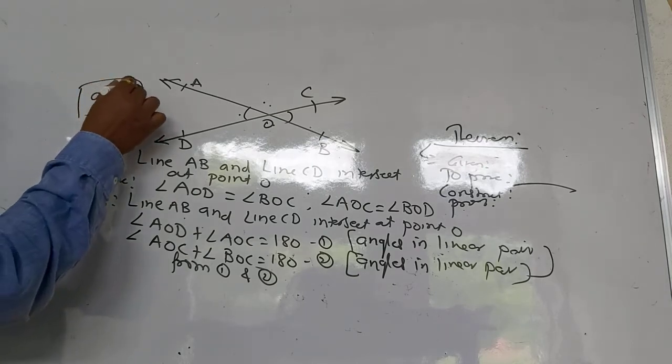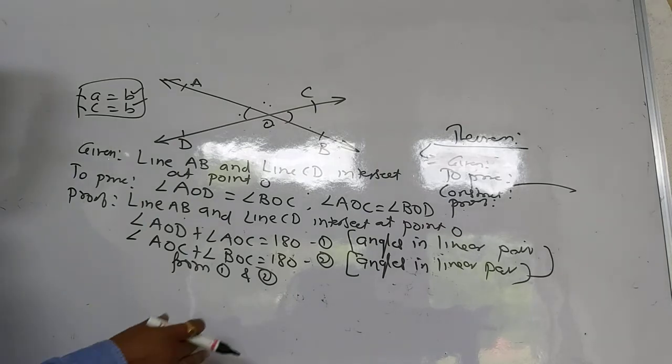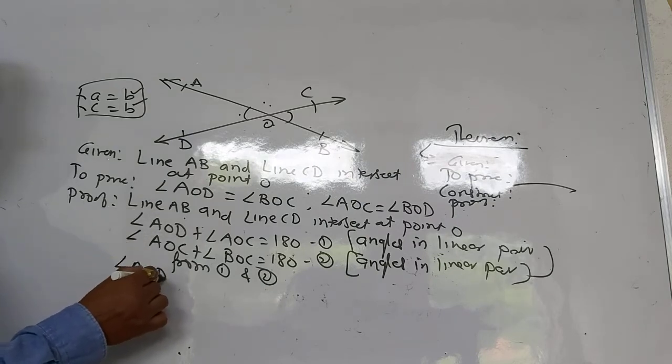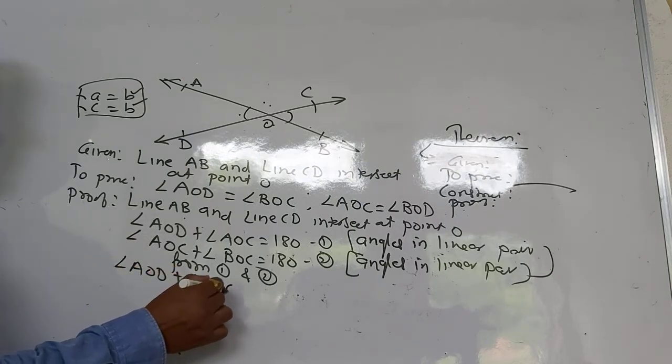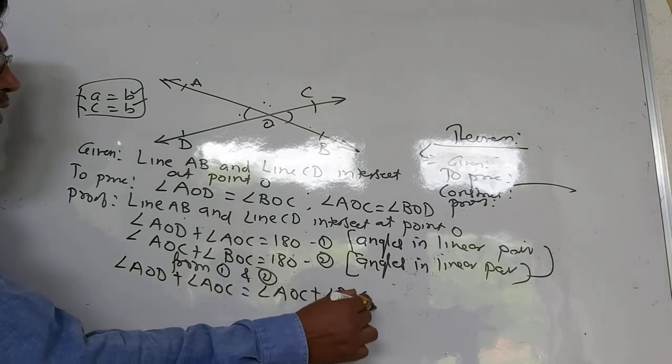If the right sides are equal, the left sides are also equal. So this property applies. If the right sides are equal, 180 and 180, then you can say these two are also equal. So angle AOD plus angle AOC is equal to angle AOC plus angle BOC.